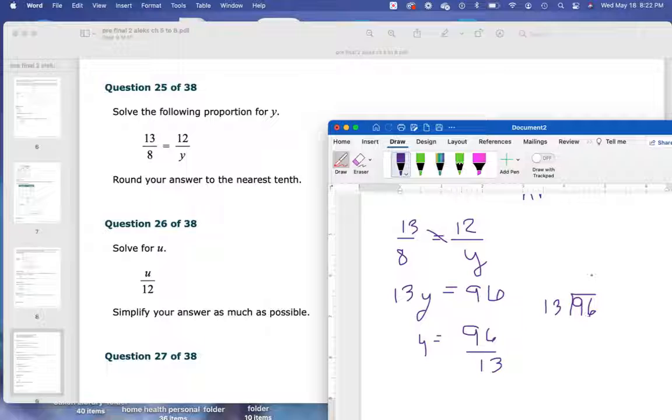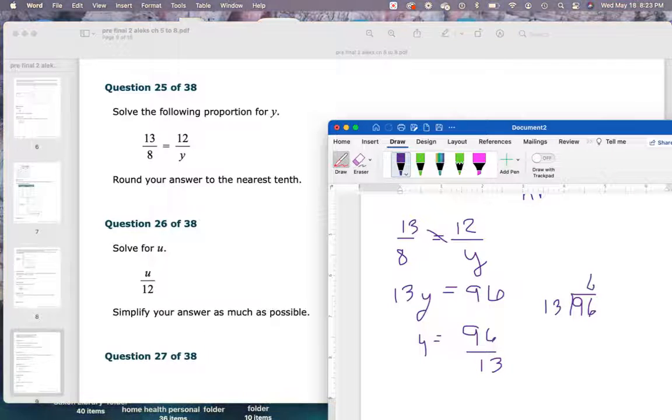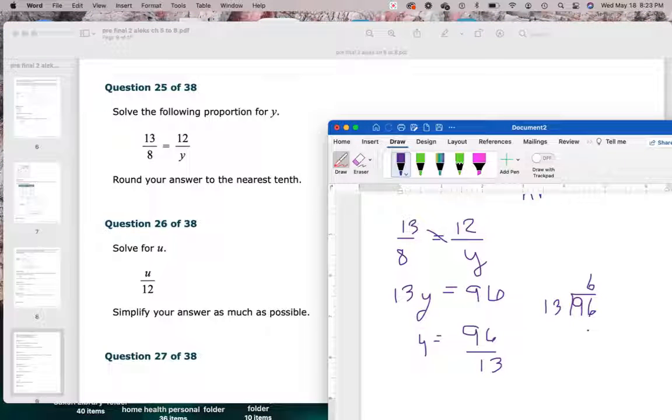13 into 96 goes, let's try 6 times. 6 times 3 is 18. And 6 times 1, 7.